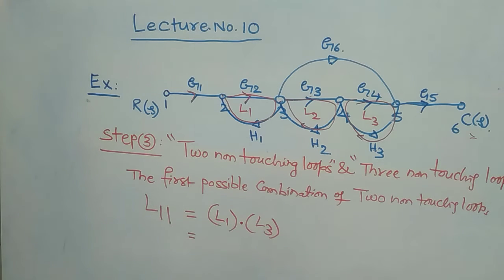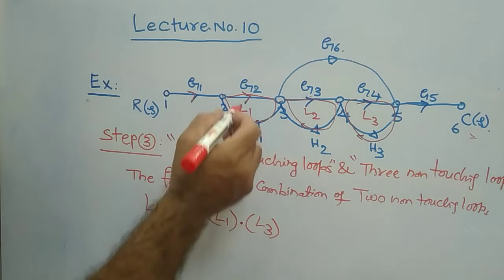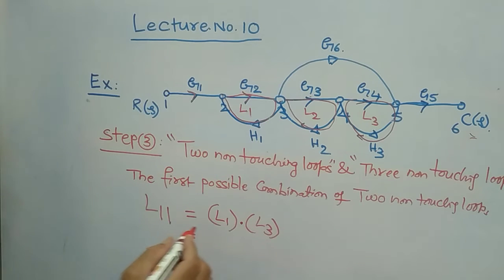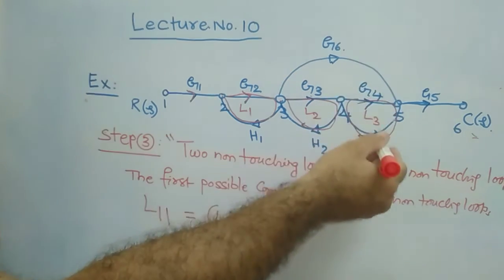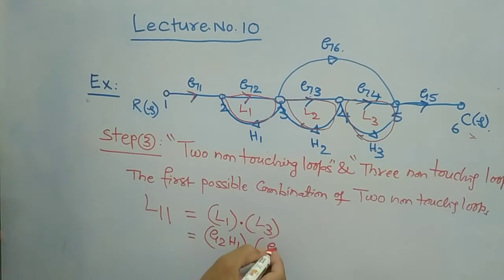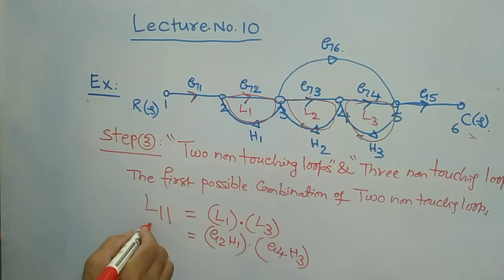What is L1? The loop gain you have to write is G2H1. That means G2H1, the loop gain of L1, into, nothing but the product, the gain of L3, which is G4 into H3. This is your L11.